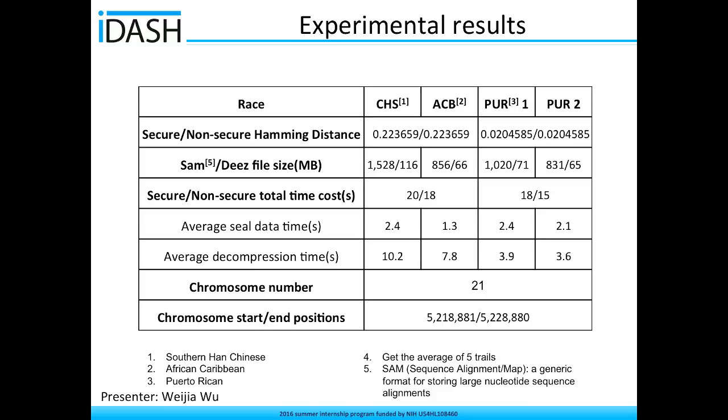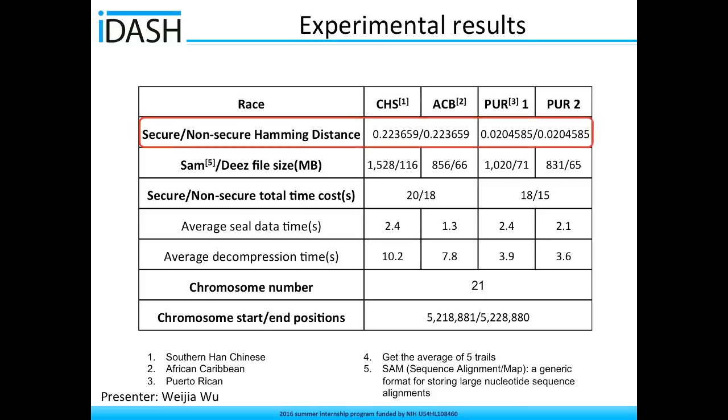We first compare a certain gene region in chromosome 21 between an individual from the Southern Han Chinese and an African Caribbean individual. And then we measure the running time in each key step. In addition, we also compare the difference between individuals of the same race, like the Puerto Rican.